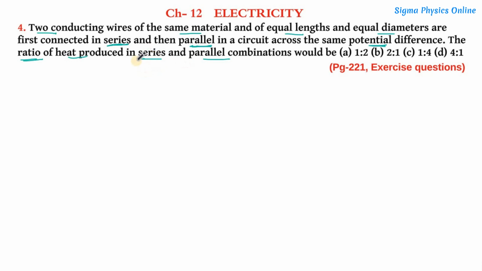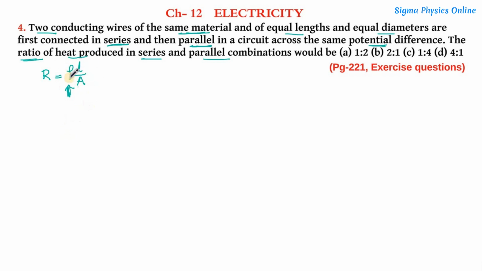So let's solve it. Now the resistance of a conductor is given by the formula R equals rho L by A. Now in these two wires it is given that the material remains the same. That means for both the wires the rho value remains the same because the resistivity rho depends upon the nature of material.